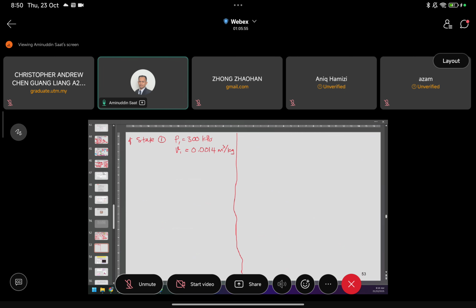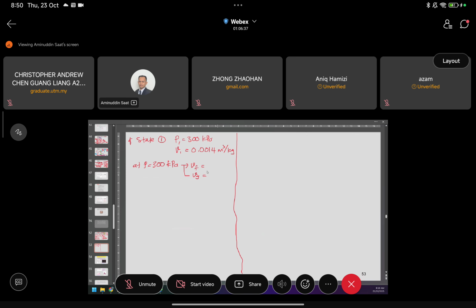So what you can do, like yesterday, at P equals 300 kilopascal, you need to find the VF and the VG at 300 kilopascal, so that you know whether the given specific volume V1 is smaller than VF, in between, or larger than VG. It's the same as yesterday when we did it for water.